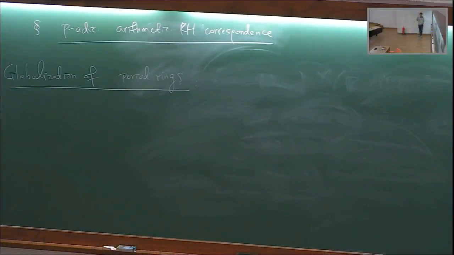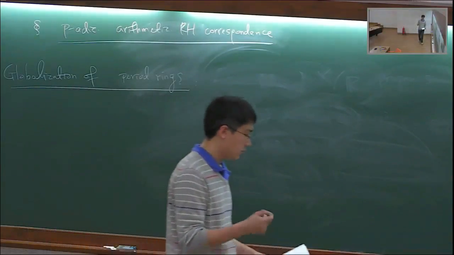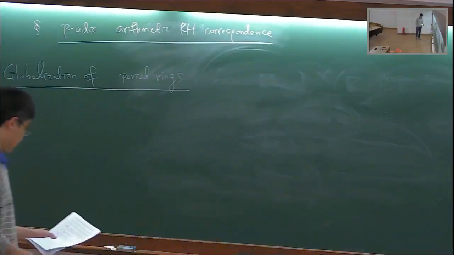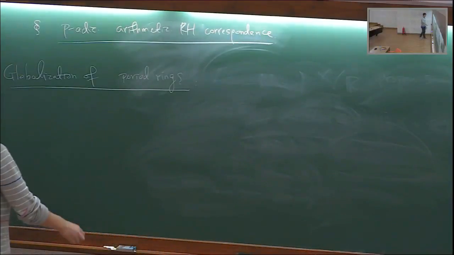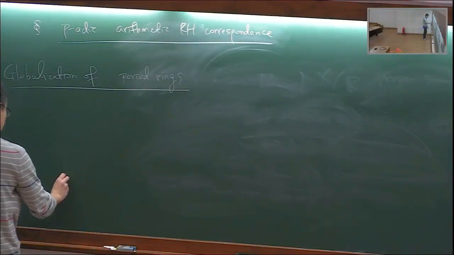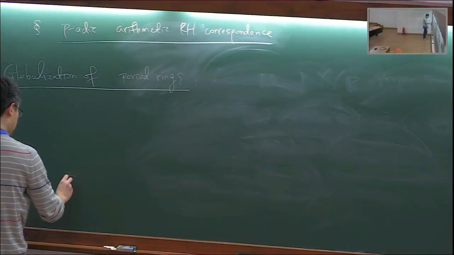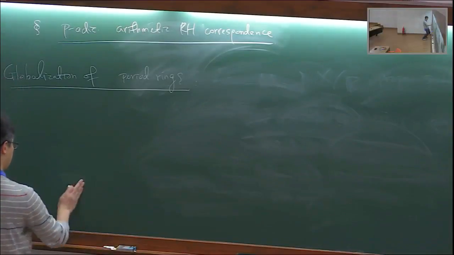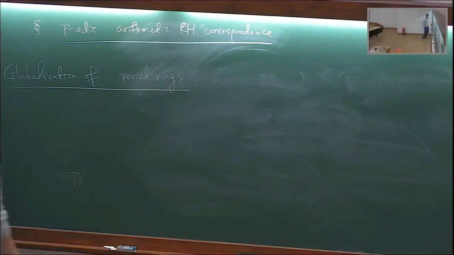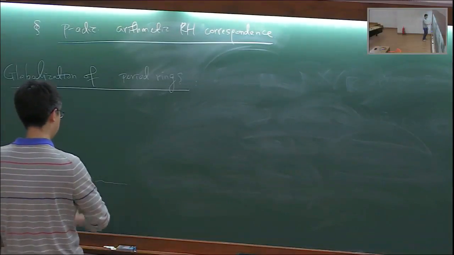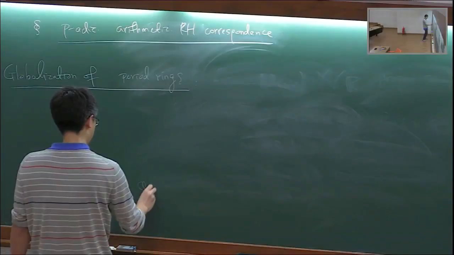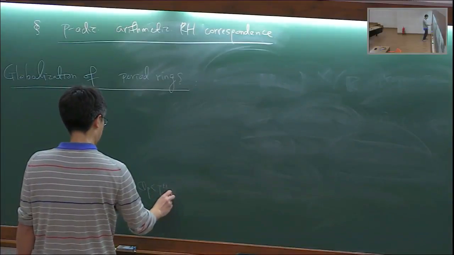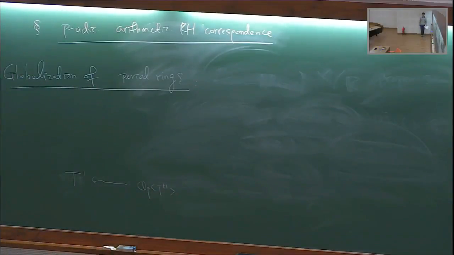I don't have much time to say the details about perfectoid spaces and the pro-étale site, but just give one key example. You have this torus, for example, let's just say the one-dimensional torus. In the analytic world, this is the analytic space corresponding to Q_p<T^{±1}>, a Tate algebra.